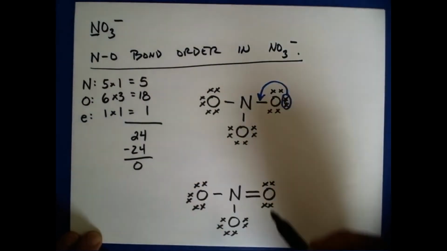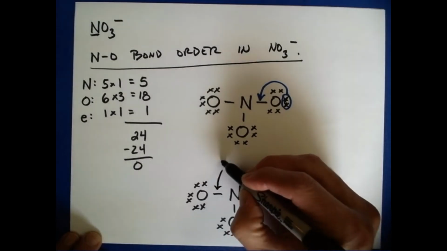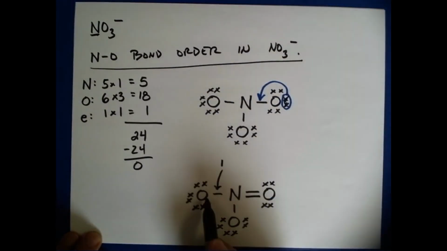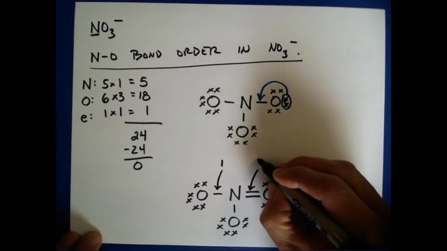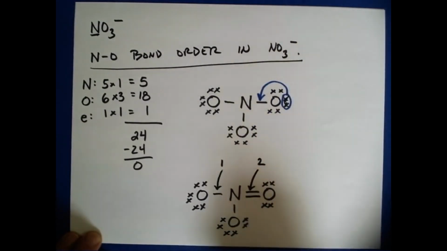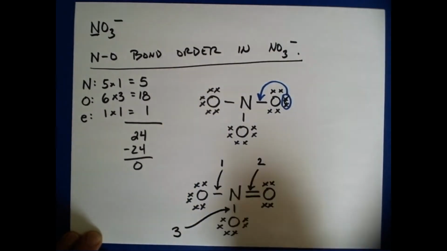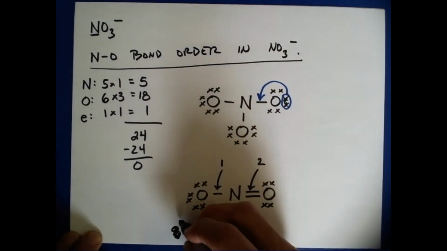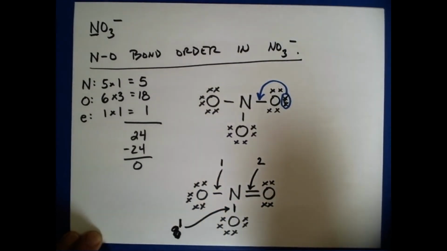In this case, we're going to give the value of 1 to this particular connection, because it's a single bond. We're going to give the value of 2 to this particular connection, because it's a double bond. And a value of 1 to this particular connection, because it's a single bond.